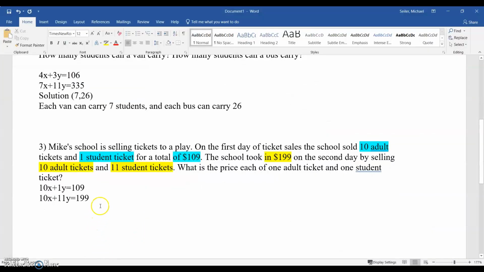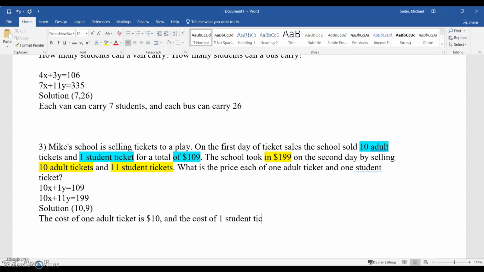So my solution is (10, 9). Remember, X was our adult tickets. So the cost of 1 adult ticket is $10, and the cost of 1 student ticket is $9.